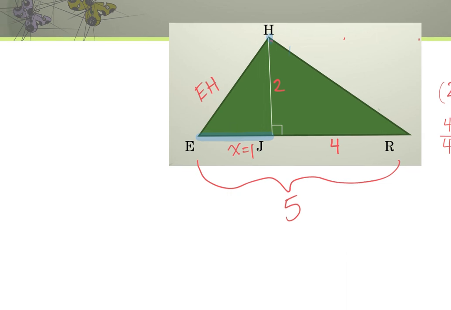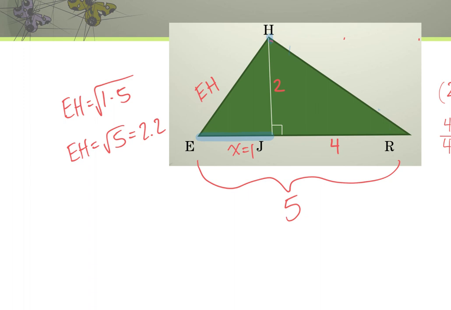Okay, so EH is going to be 1 times 5 and take the square root. What's 1 times 5? 5. So EH equals the square root of 5. What's the square root of 5? 2.2. Wait, what's RH? We'll get to RH. Okay?